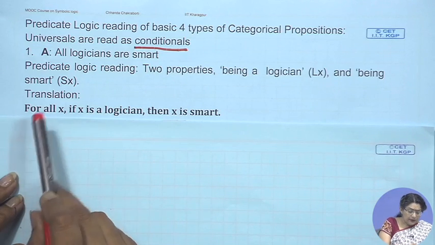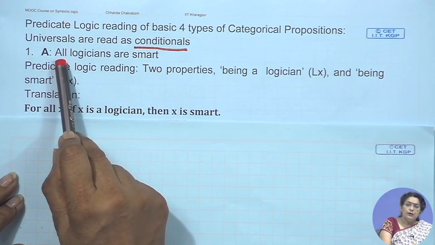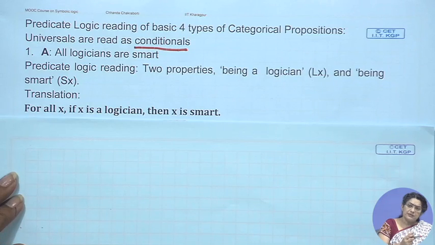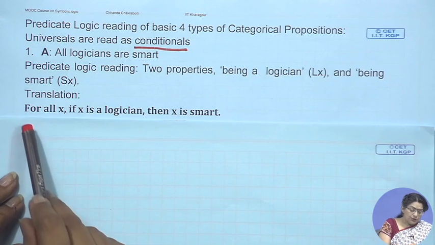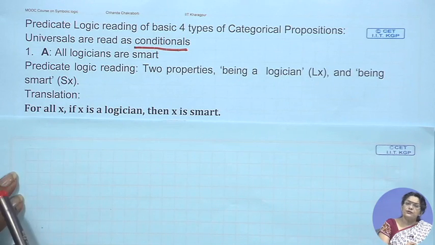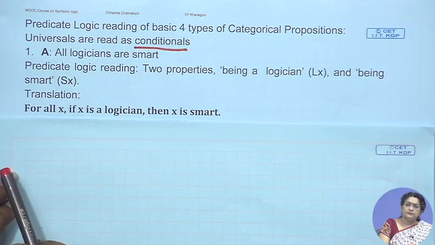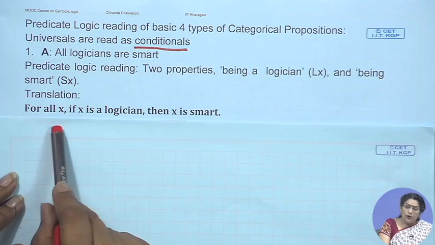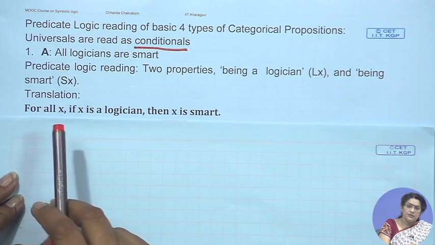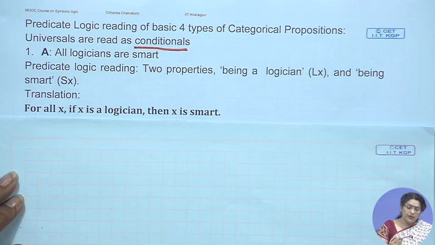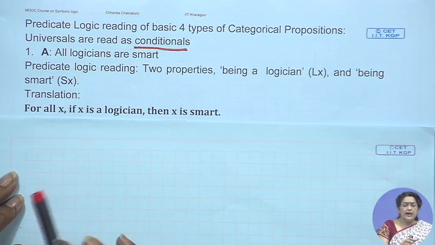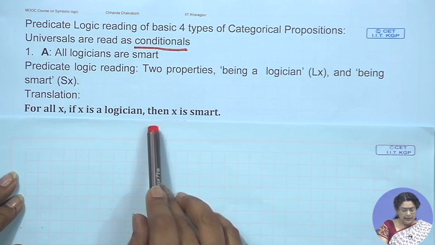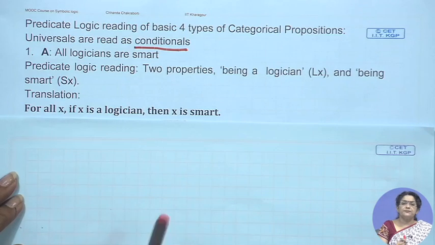First of all, the quantity needs to be specified, and it is universal. So we are going to use the universal quantifier, for all x, or if you want, for all y, no problem. For all x, here comes the reading that you are going to train yourself in: if x is a logician, then x is smart.